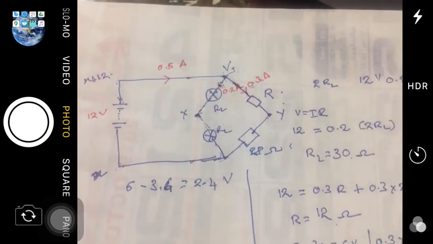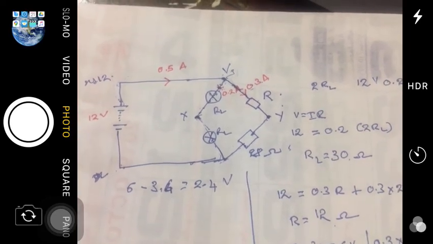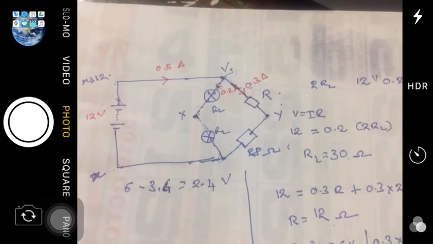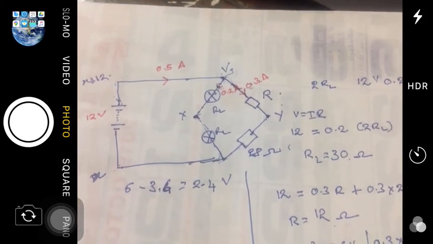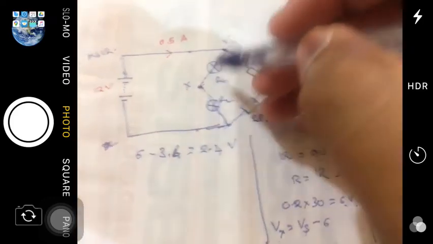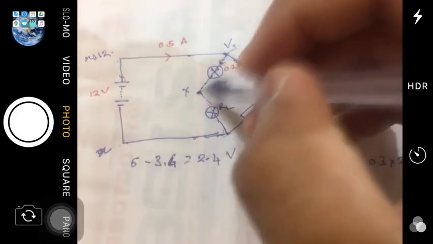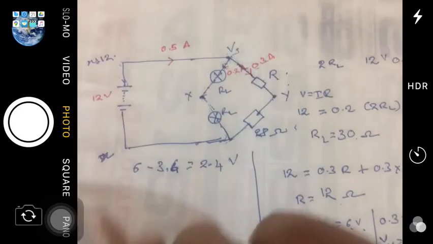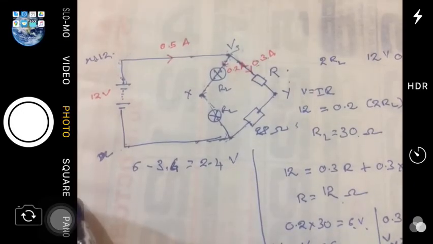You can use the other two equations, but they have all the squares and everything. So I would still prefer using power is equal to VI for the two resistors, since it's easier.